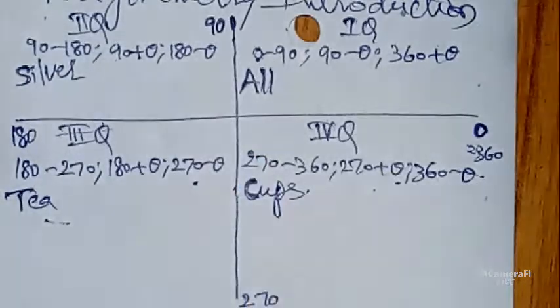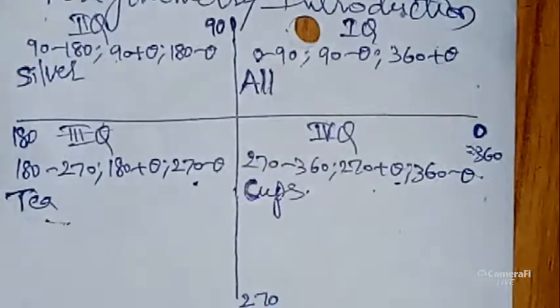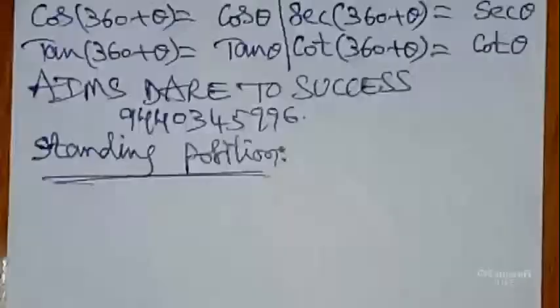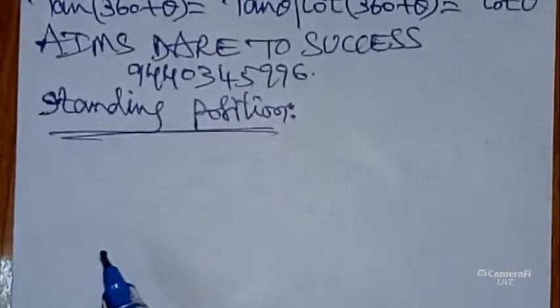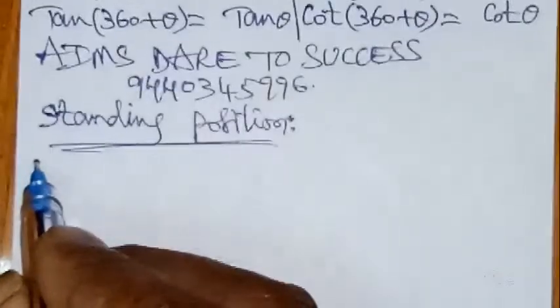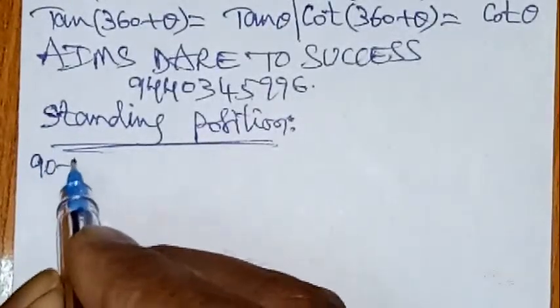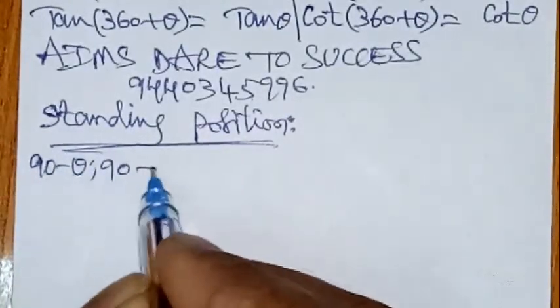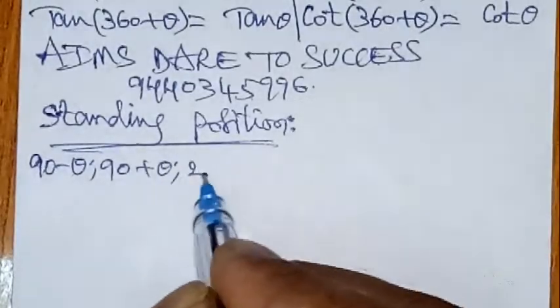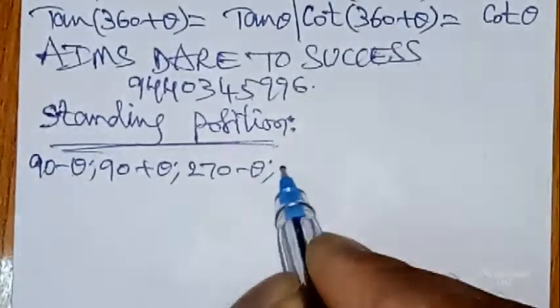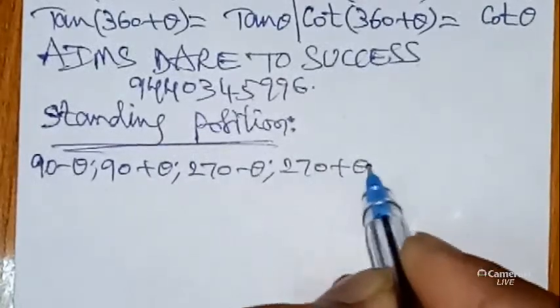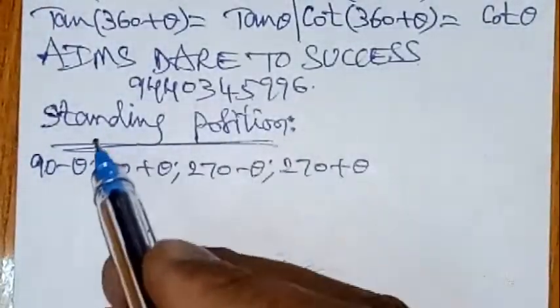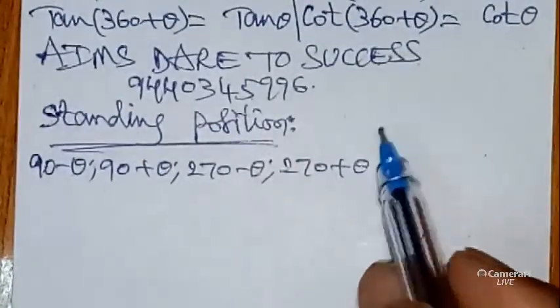They are related to standing position values. Now I wanted to write those values here, my dear students. First of all, 90 minus theta, 90 plus theta, 270 minus theta, 270 plus theta. They are related to standing position.